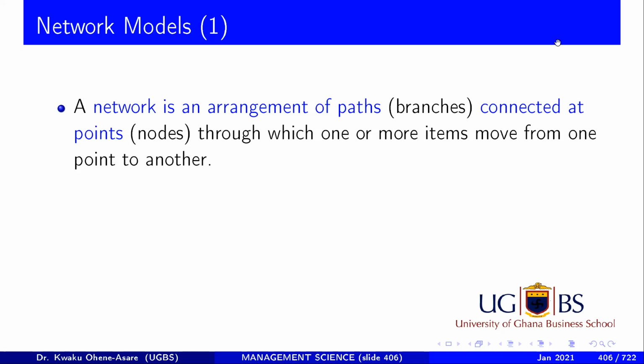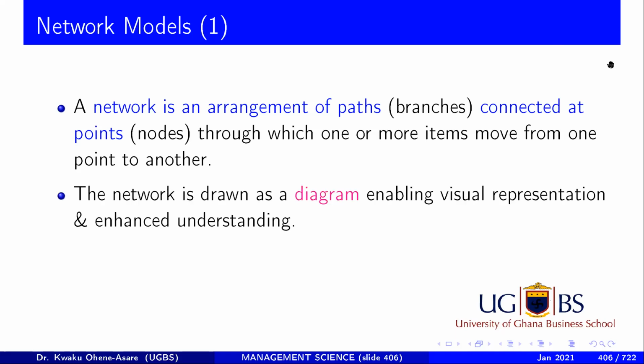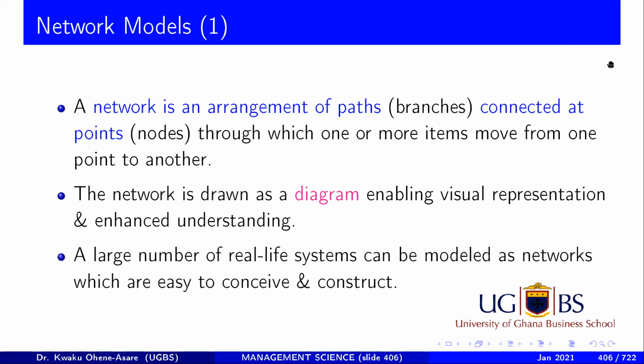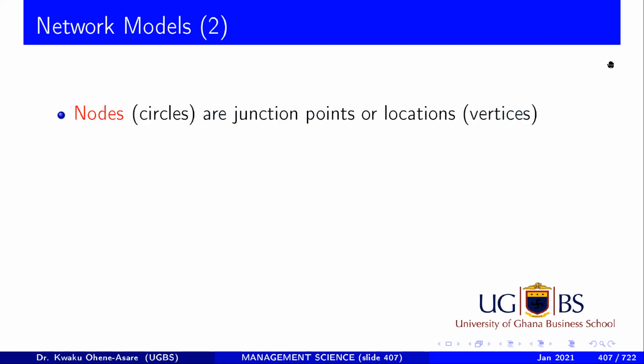You are able to carry human beings, items, or anything from Okpongolo to Accra Mall through the arc. Two nodes are connected by an arc, and the network diagram gives you a visual representation of everything we are discussing. This is a typical example of a real life situation.